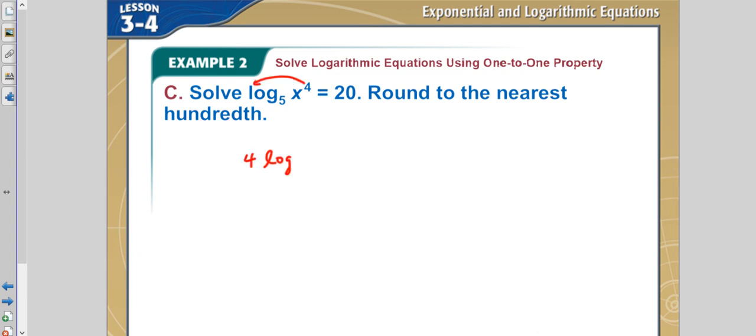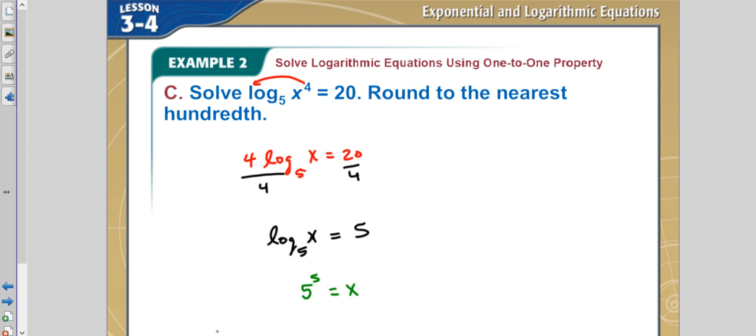So we could say that 4 log base 5 of x equals 20, and you could simplify the whole equation by dividing both sides by 4. And now I truly have isolated the logarithm, and I set it equal to 5. When I convert, remember this is the base, this is the power, this is the number, I would say the base 5 to the power 5 equals x.